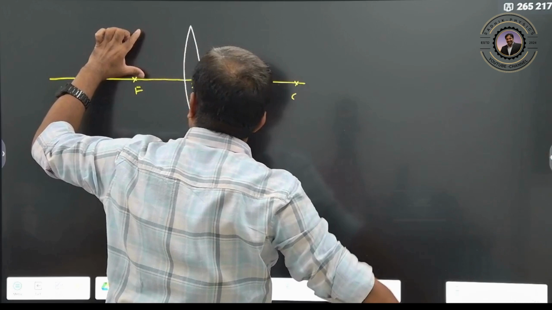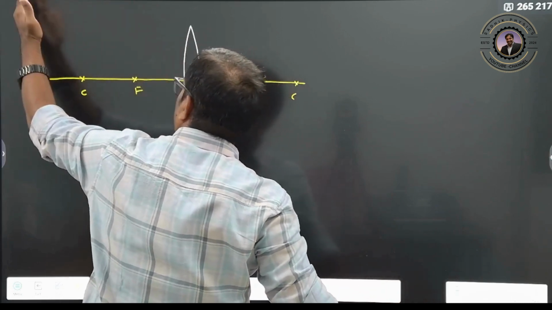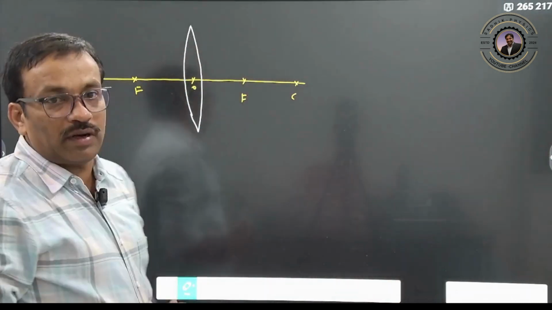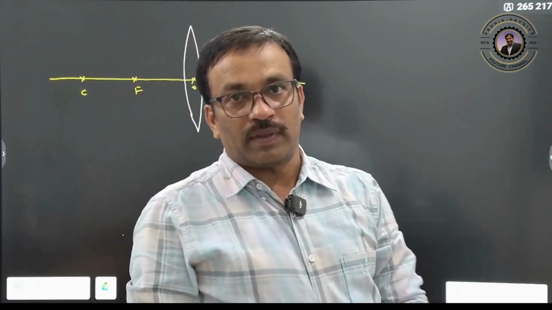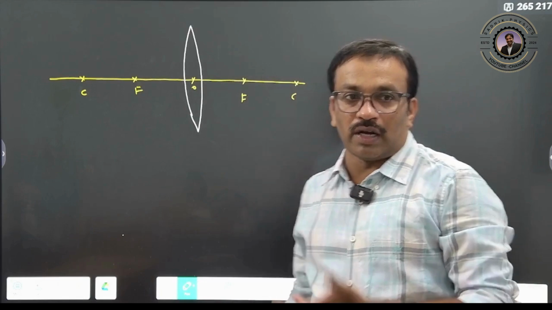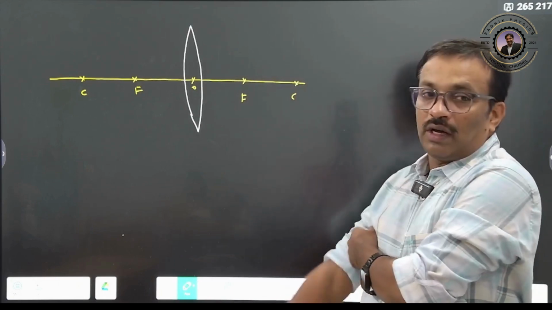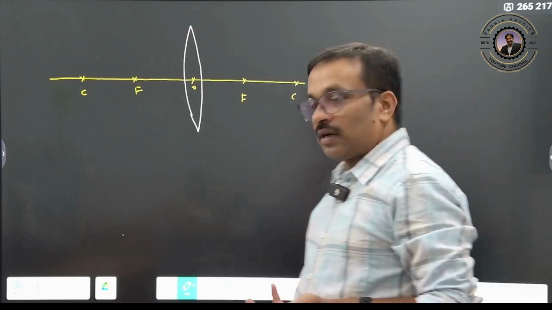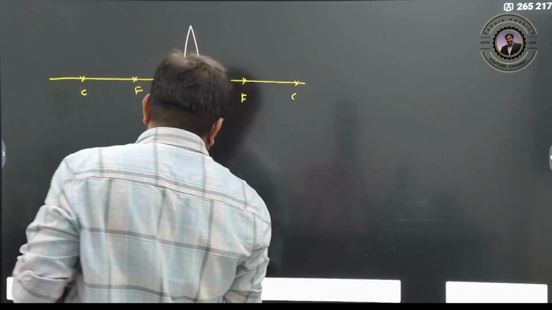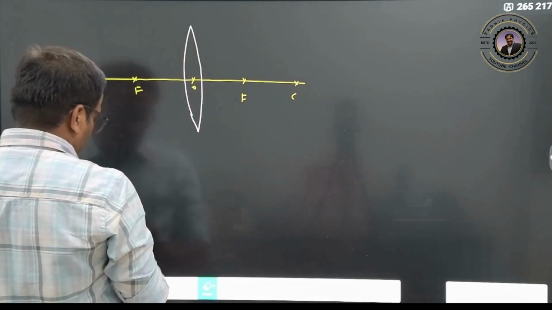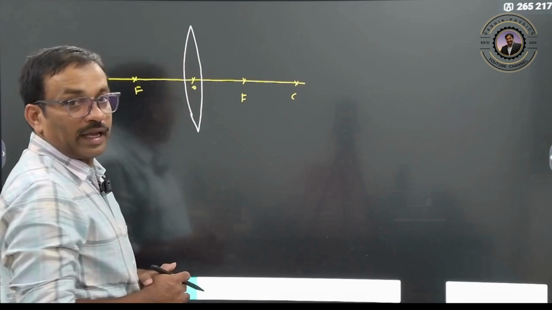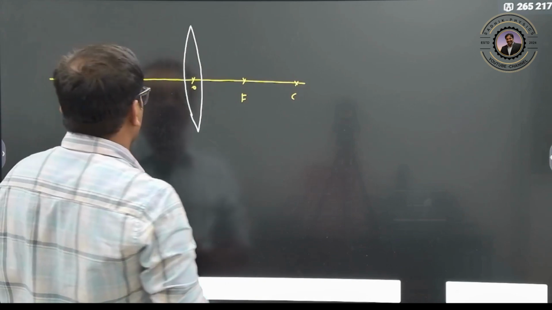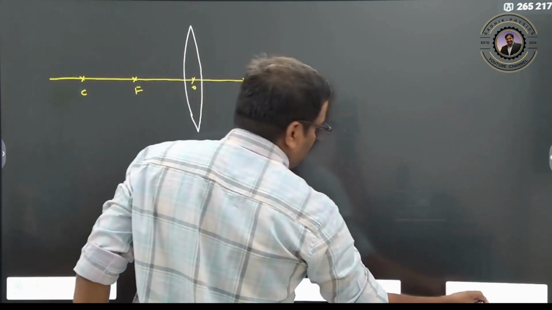Then if the object comes in between, the image will be formed inside, like a virtual image. Clear? If you do not understand, try to re-listen slowly so that you can understand very clearly and you will never forget any ray diagrams. So first let us see here, we already drew the case where the object is at infinity.